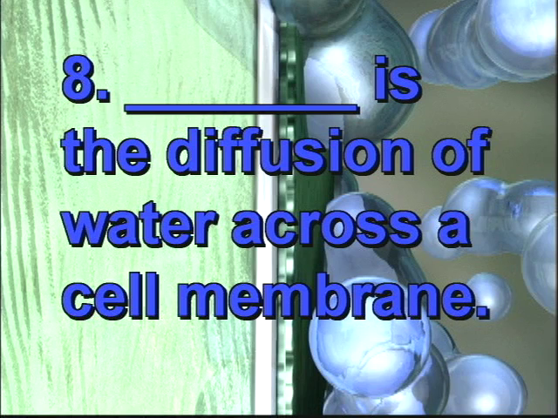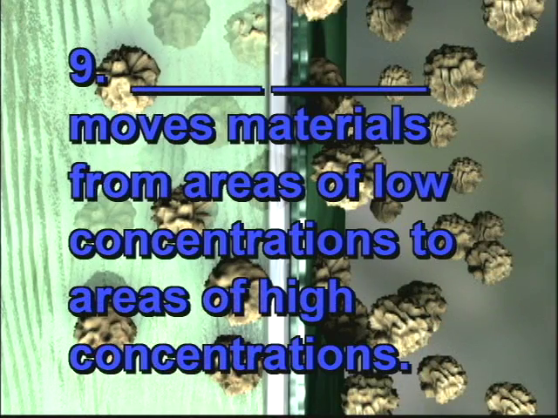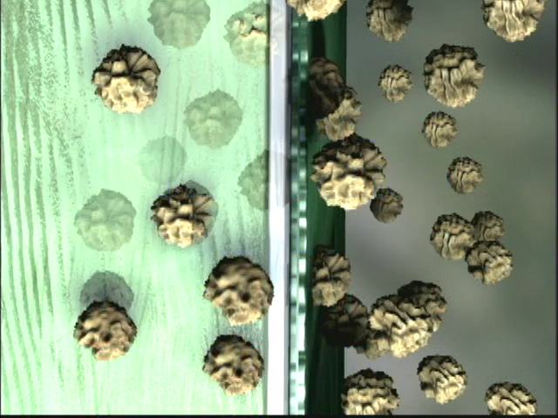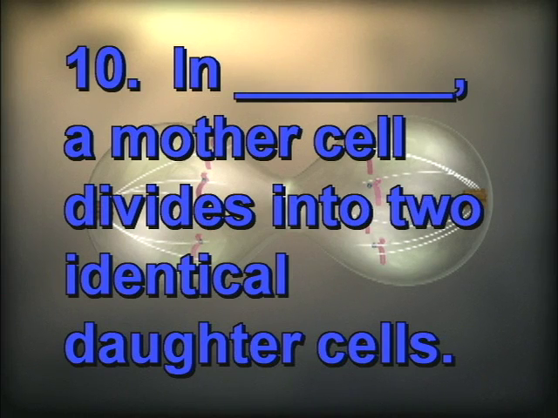Is the diffusion of water across a cell membrane. Number 9. Moves materials from areas of low concentrations to areas of high concentrations. Number 10. A mother cell divides into two identical daughter cells.